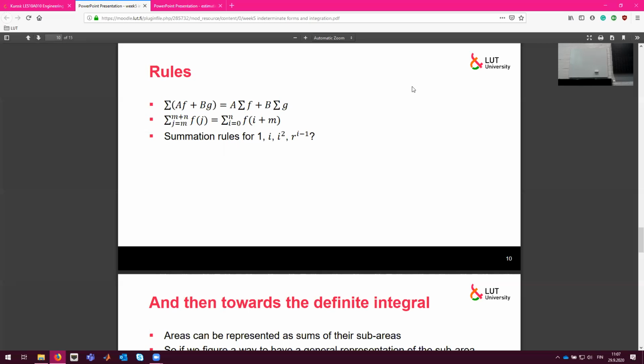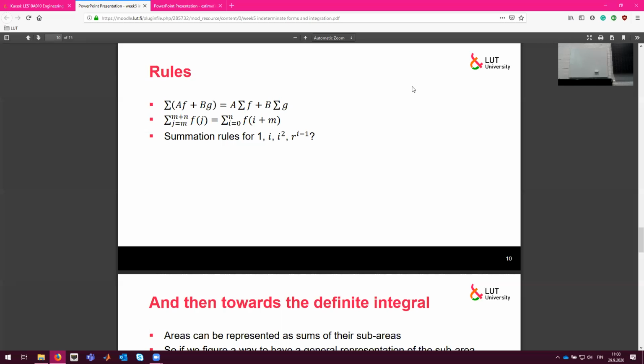And then we can also do variable changes. If we have this sum from m to m plus n, that's the same thing as if we shifted this, so that we sum from 0 to n of i plus m. This is also relatively useful for integration.